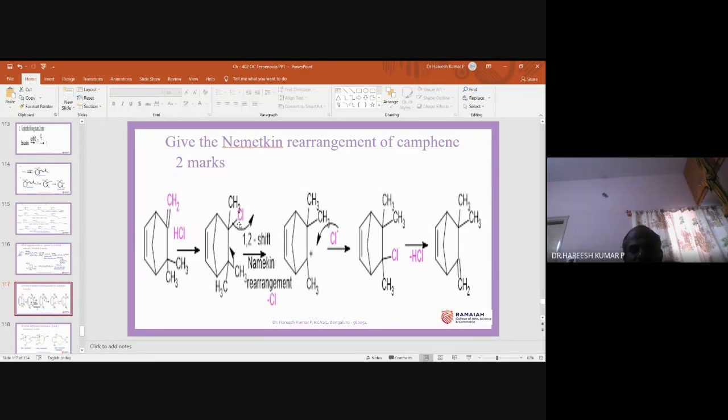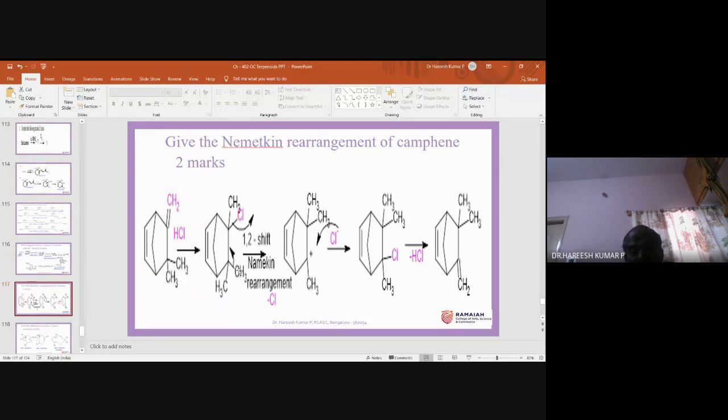This Cl minus is a leaving group, and this Cl is attached to a tertiary carbon atom. That is the reason the leaving group tendency of chloride is more, because it is attached to a tertiary carbon atom. And the obtained one is a tertiary carbocation, which is stabilized by resonance.